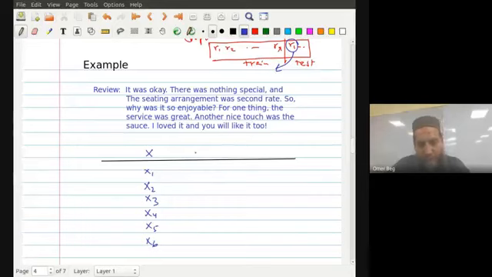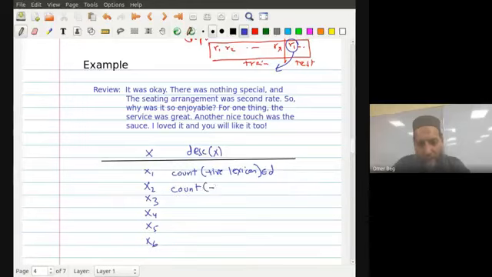I'm going to give a description of each feature. So let's say X1 is the count of positive words. So we have a positive lexicon, and I say the number of positive words in the document.